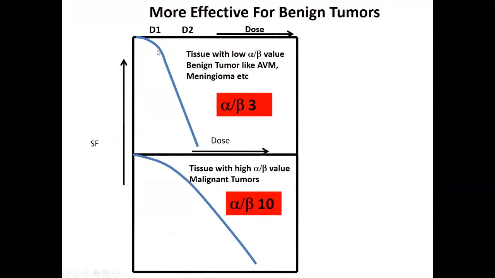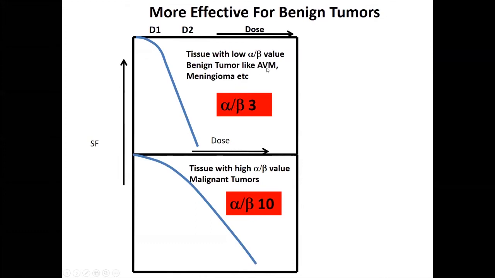And as I mentioned, malignant tumor behaves like an early reacting tissue. They have a similar shape as the early reacting tissue cell survival curve. So in this slide, I will show you what happens when you increase the dose from D1 to D2 on two types of tumor, that is benign tumor like AVM, meningioma, etc., or malignant tumor.